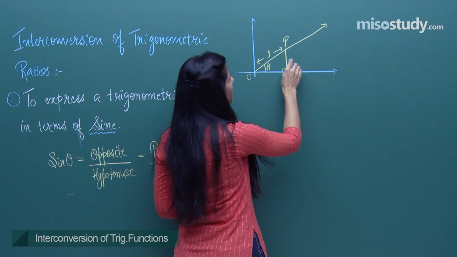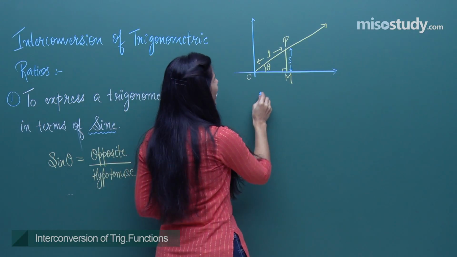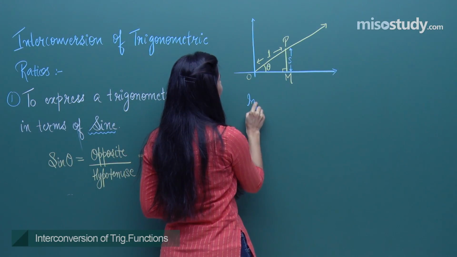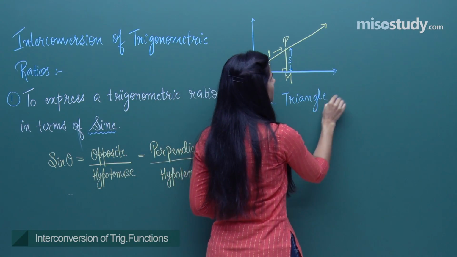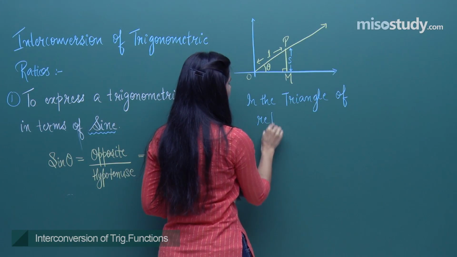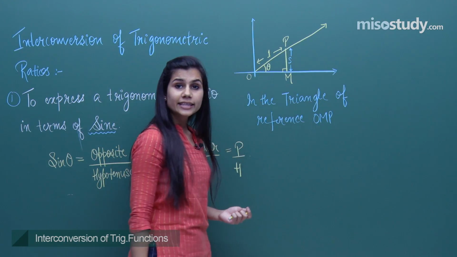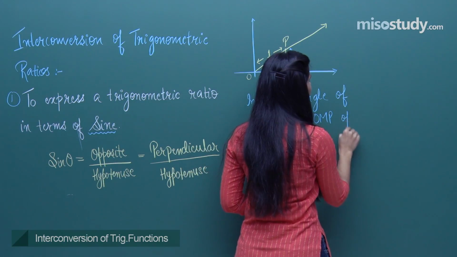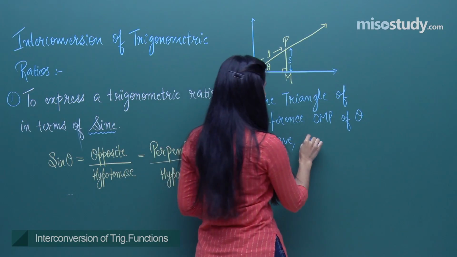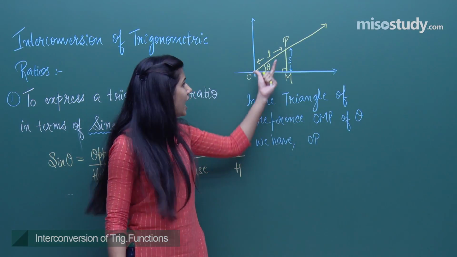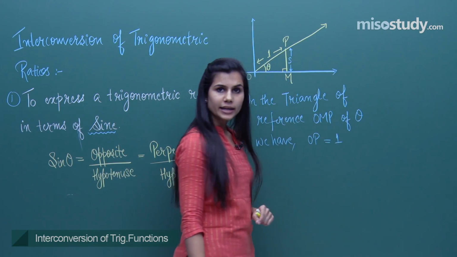Just take the length of this perpendicular to be equal to S. And what you have is, in the triangle of reference OMP of the angle theta, your OP, which is acting as the hypotenuse of this triangle, the largest side, is equal to 1.